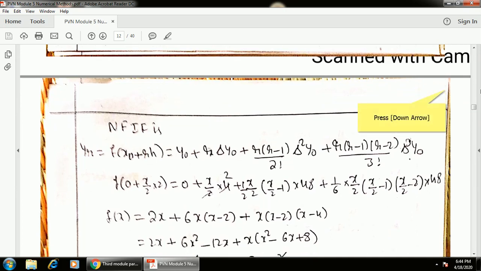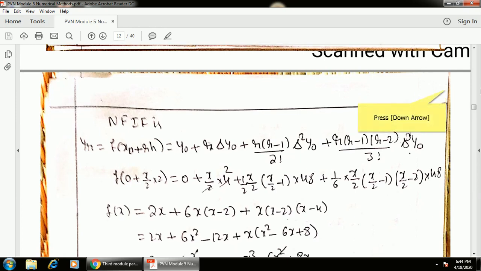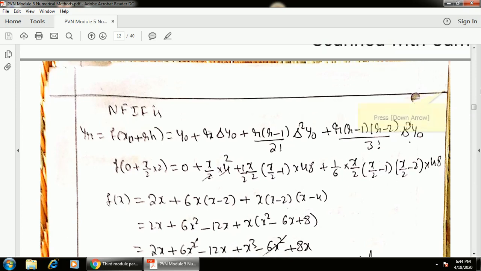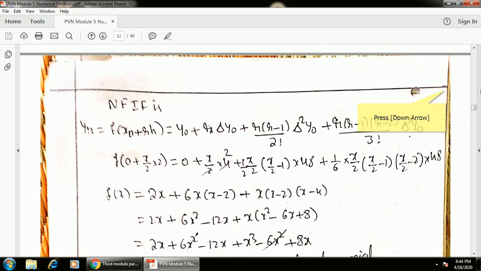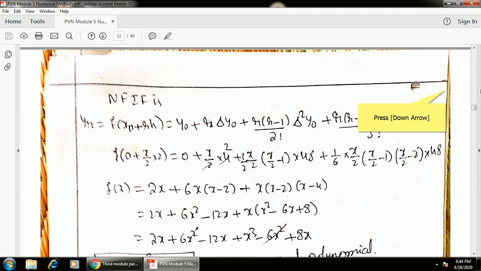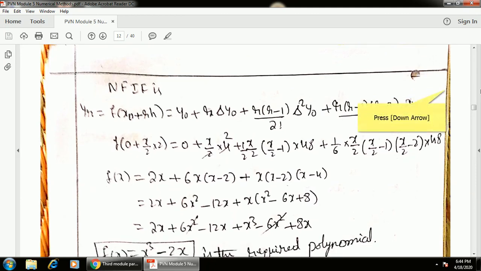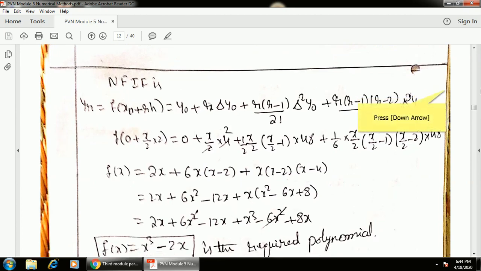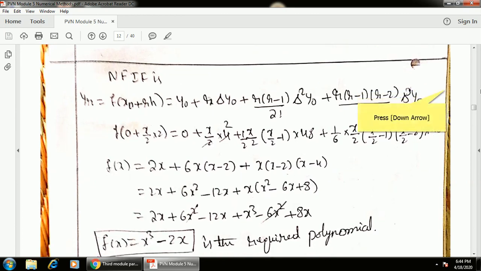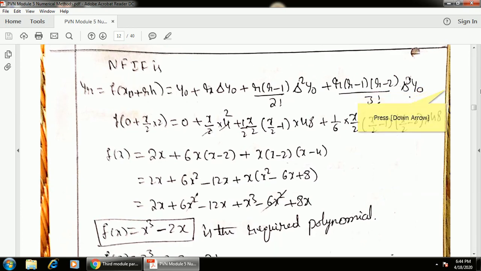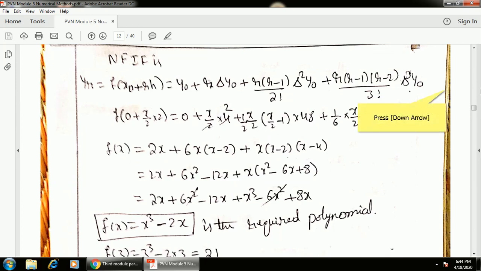Just put x is equal to 3, x is equal to 5 and x is equal to 7.